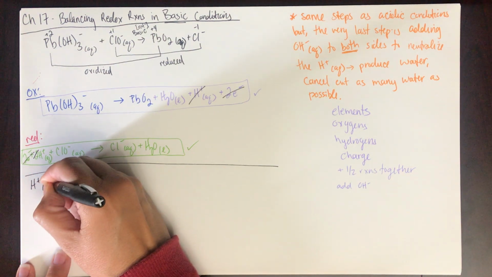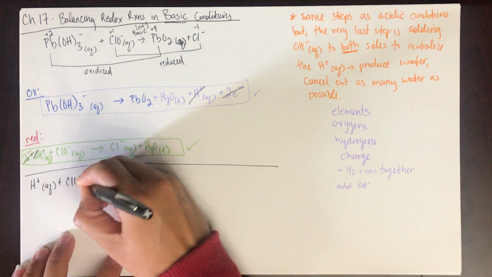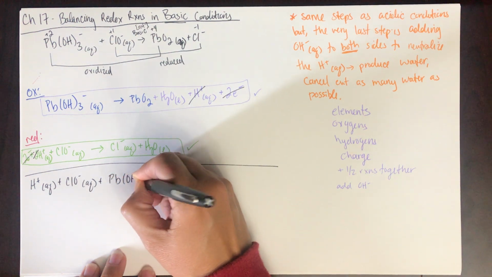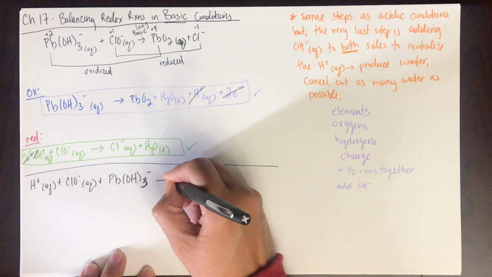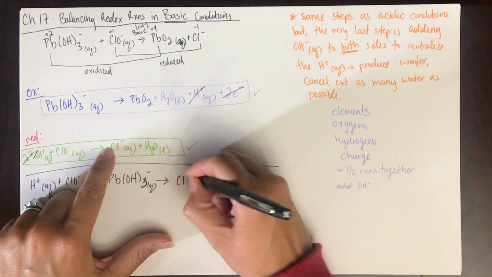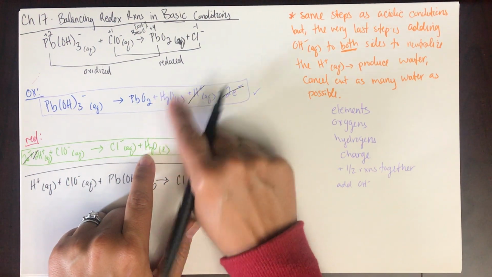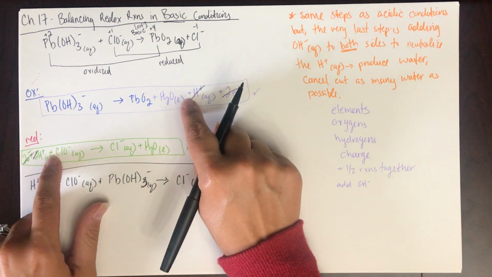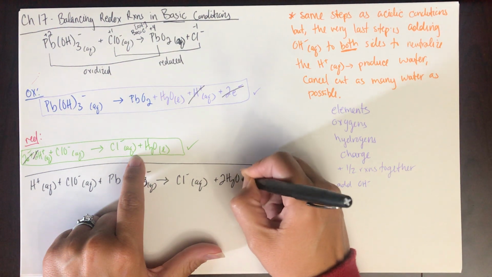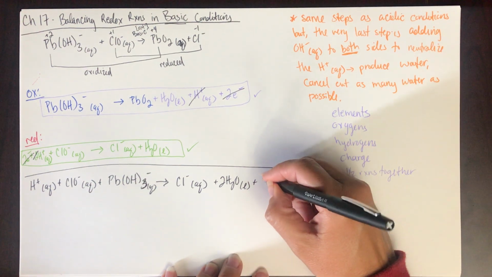So I'm going to have 1 hydrogen ion plus this hypochlorite ion plus this plumbite ion produces the chloride ion plus how many waters? 1, 2. Remember, everything that's on the same side of the arrow you add together. Opposite sides of the arrow cancel. So this is 2 water plus the lead oxide.